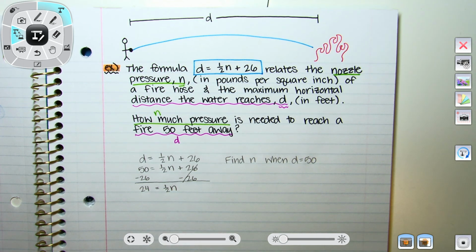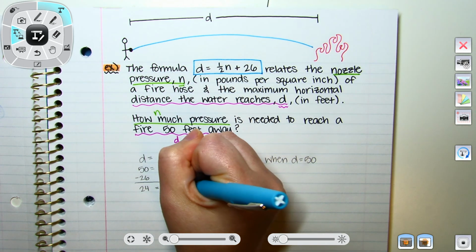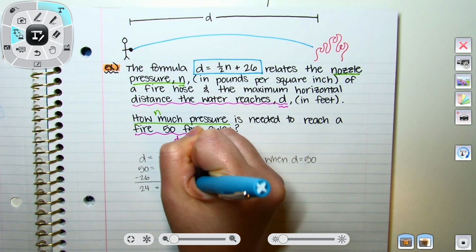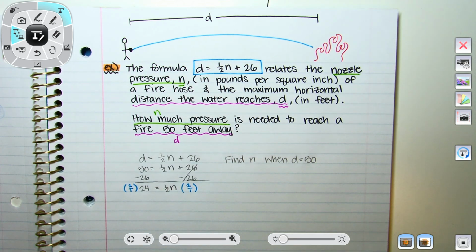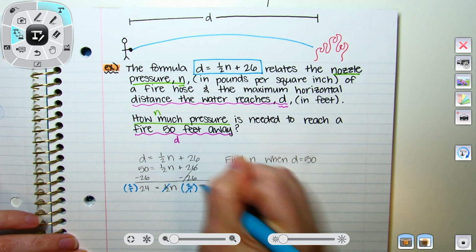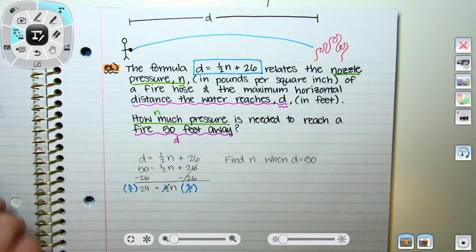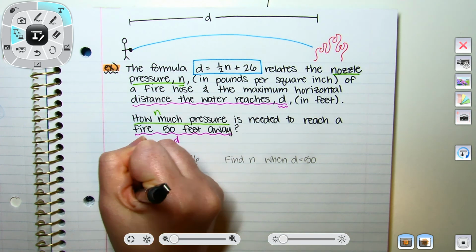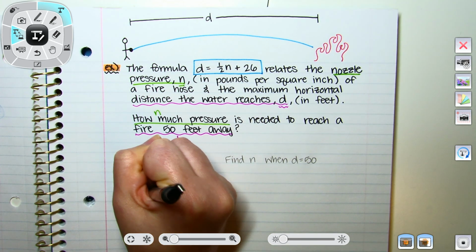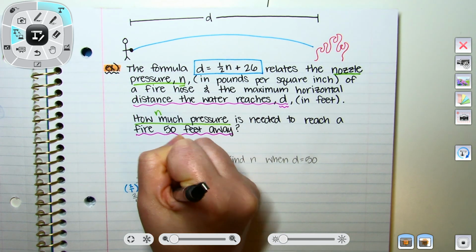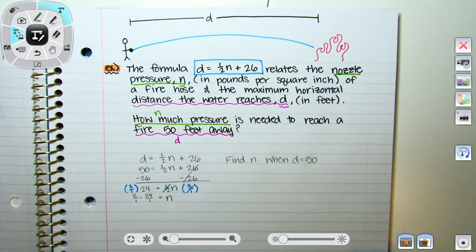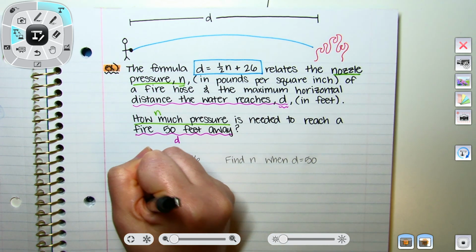So we can do that by multiplying both sides by the reciprocal. So when we do that, the 1/2 and the 2/1 cancel each other out. And over here, this is like saying 2/1 times 24/1. Or in other words, 2 times 24, which is 48.